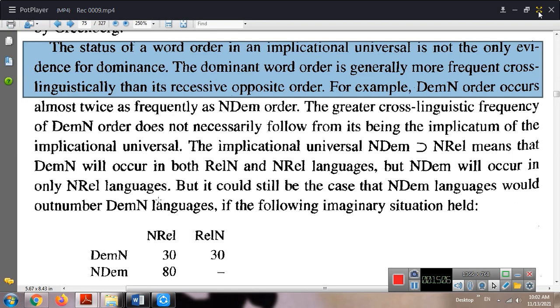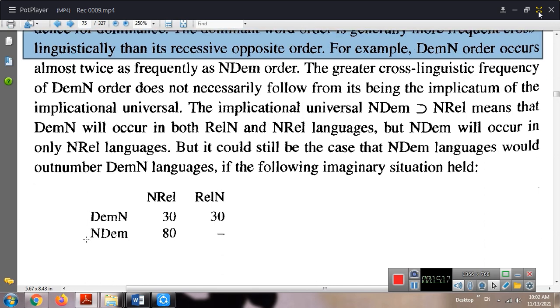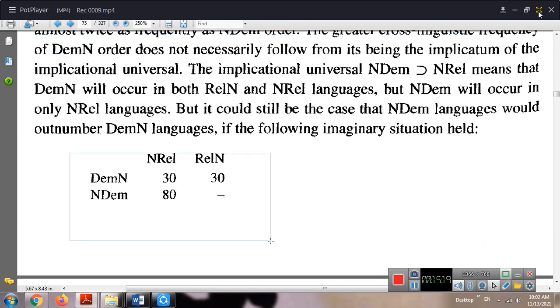But it could still be the case that noun demonstrative languages would outnumber demonstrative noun languages if the following imaginary situation held. Okay, based on the study of many languages, Greenberg finds that we have 30 languages which are demonstrative noun and noun relative, and 30 languages which are demonstrative noun and relative noun.